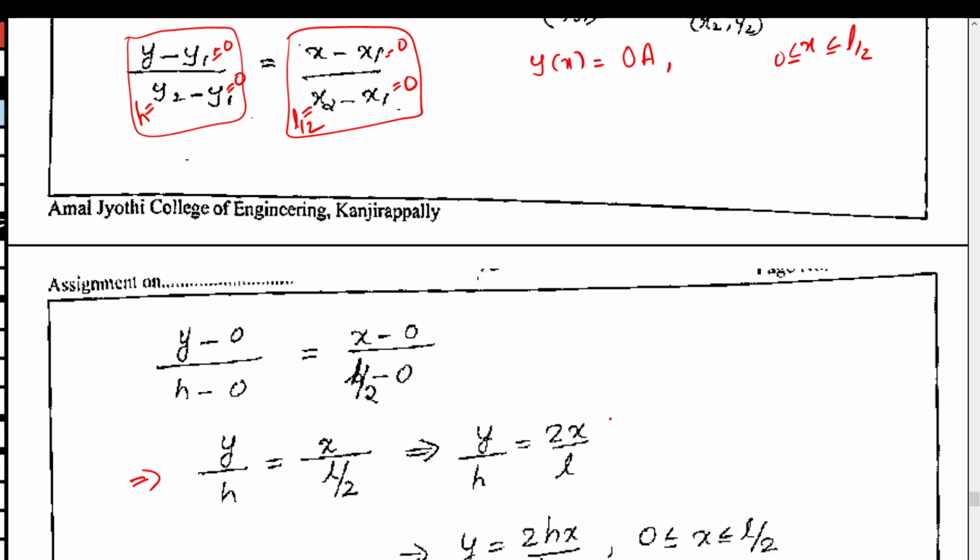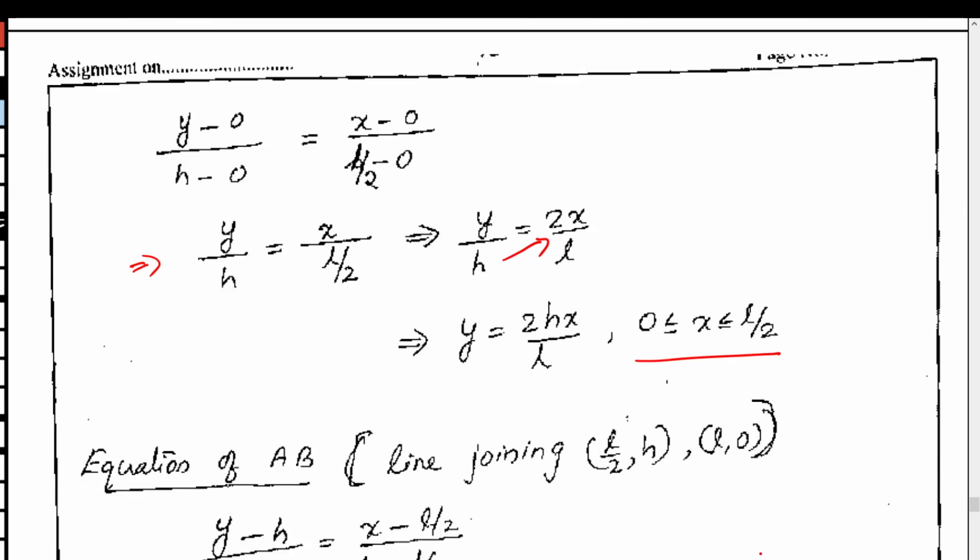Multiplying the right hand side by the reciprocal of L/2, we get y/h = 2x/L, from which we get y = 2hx/L whenever x lies between 0 and L/2.